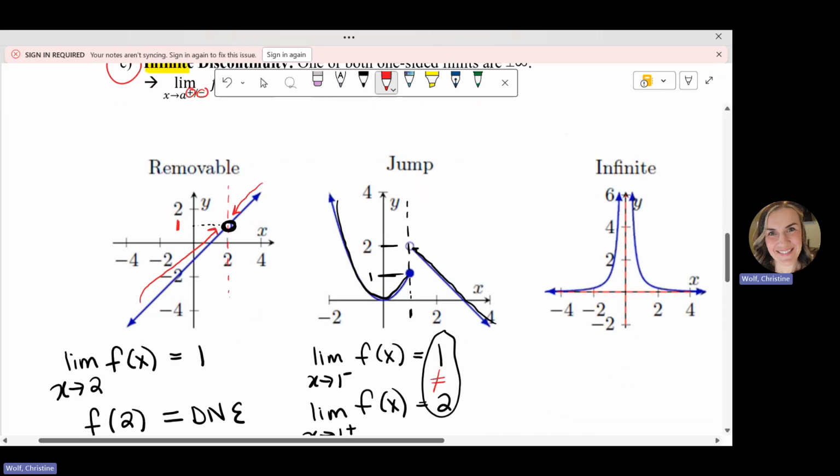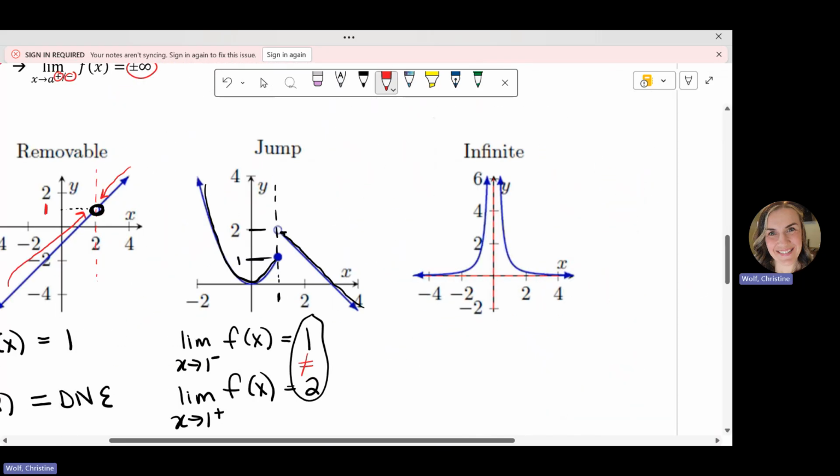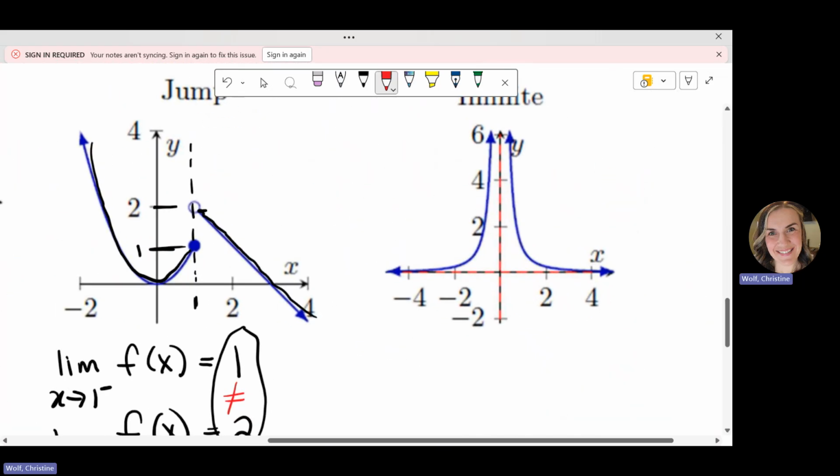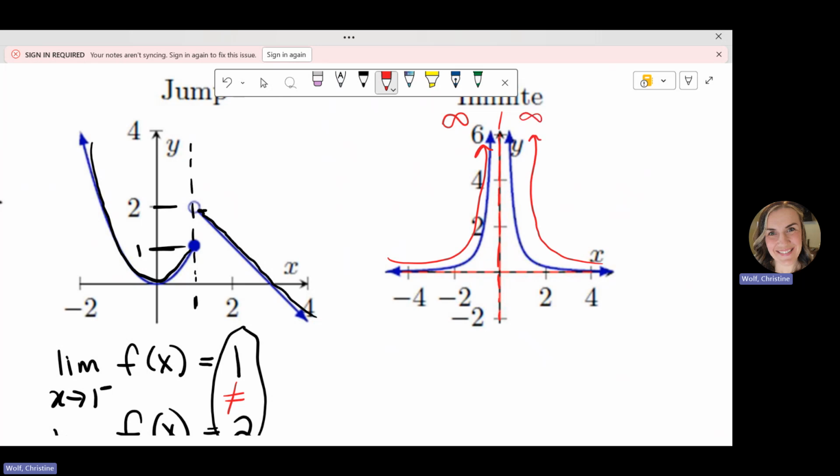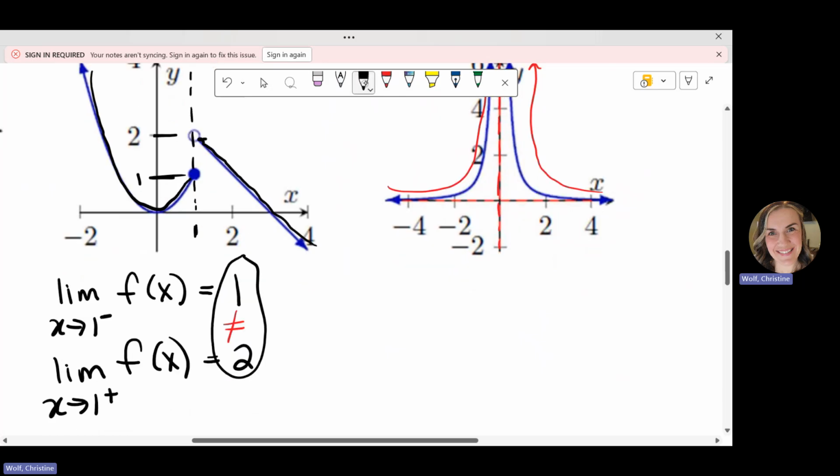So if I look at x equals 0, that's the value I'm going to be approaching. When I approach it from the left, I'm approaching y equals infinity. And when I'm approaching from the right, I also get y equals infinity. So whenever you have infinity or negative infinity as an answer, it doesn't matter.